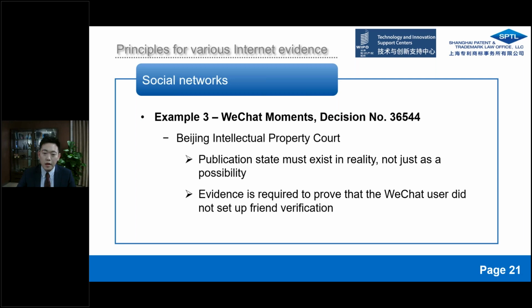If the parties claim that the relevant design is in a state that the public can learn it at will, they must provide evidence to prove that this state exists. In this case, none of the evidence can prove that the WeChat user did not set up friend verification, allowing anyone to add him as a friend and browse his Moments.